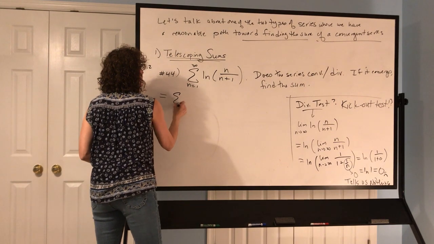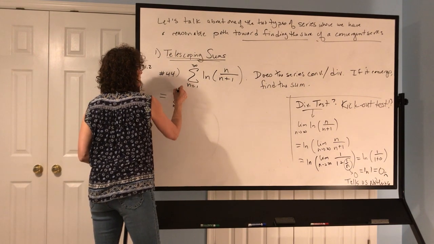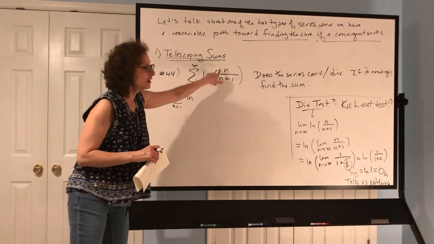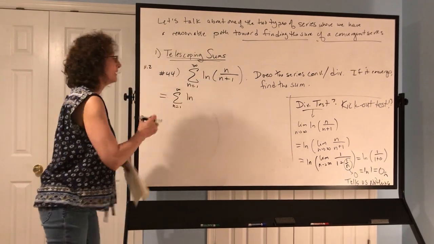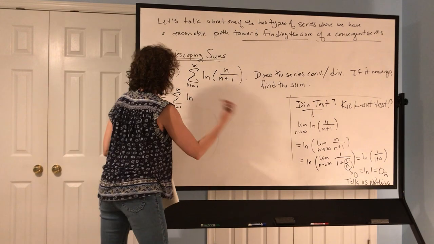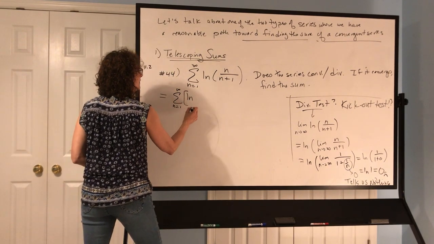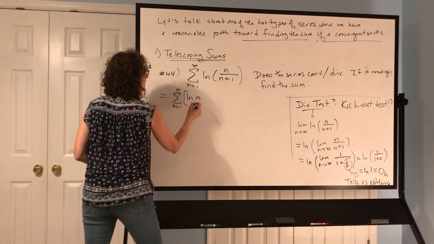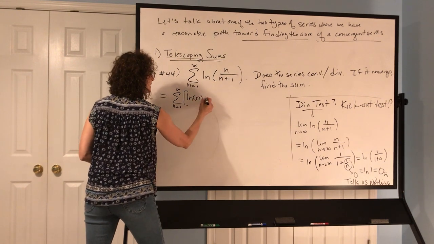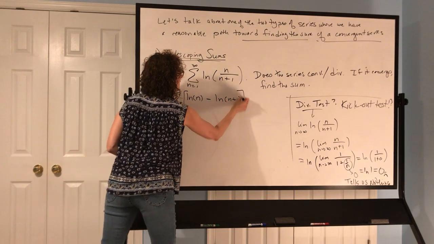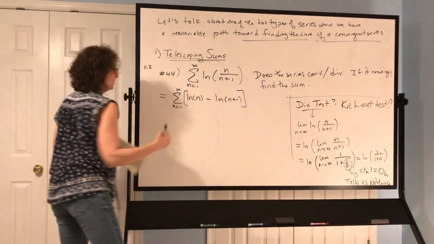So if we rewrote this guy, sum n equals 1 to infinity, natural log of n over n plus 1, what is the natural log of a over b? Good, the natural log of a minus the natural log of b. So what should I write? The sum of natural log of n, I'll put in parentheses there, minus the natural log of n plus 1.